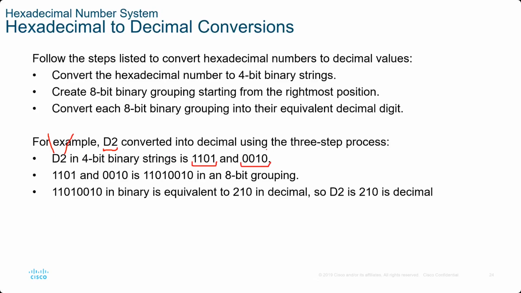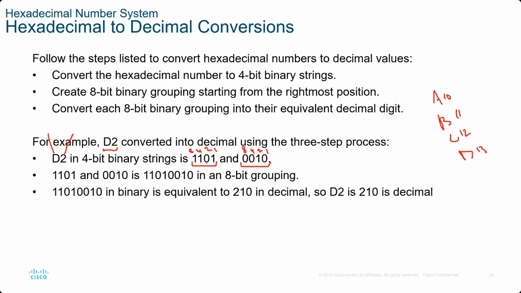You can simply think about 1, 2, 4, 8 above them, and you can confirm that this is actually 2. You can do this one as well, 1, 2, 4, 8. And you can simply confirm this is like 8 plus 4 plus 1. So it will be 8, 9, 10, 11, 12, and 13. 13 is D in hexadecimal because A is 10, B is 11, C is 12, and D is 13. This is how you confirm.